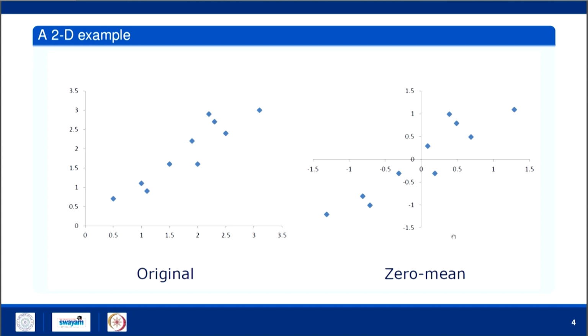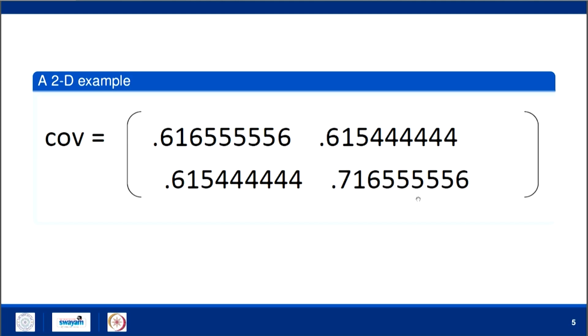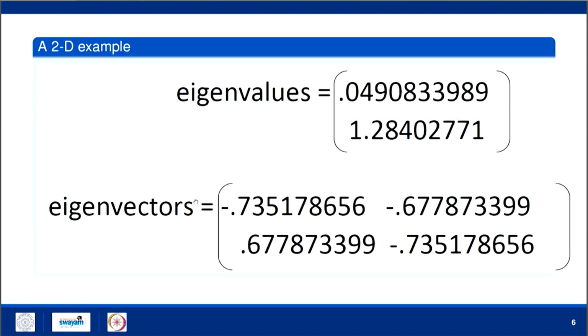Now, from this data what I will do? I will find out the covariance matrix, and covariance matrix comes out to be this one. Now, I will find out the eigenvalues and eigenvectors of this. So, eigenvalues are 0.04908 and 1.2840. Similarly, eigenvectors are these ones. So, this is the bigger eigenvalue, so this is the direction of principal eigenvector.